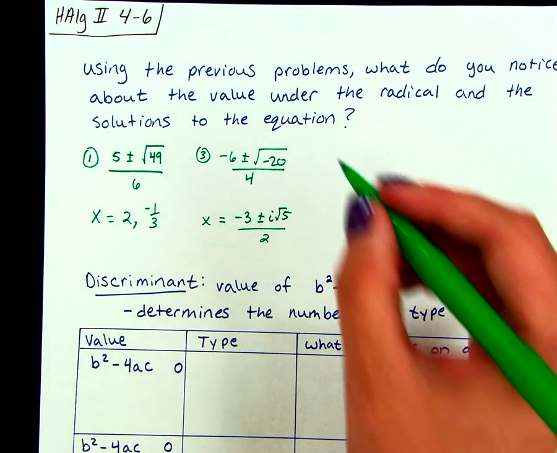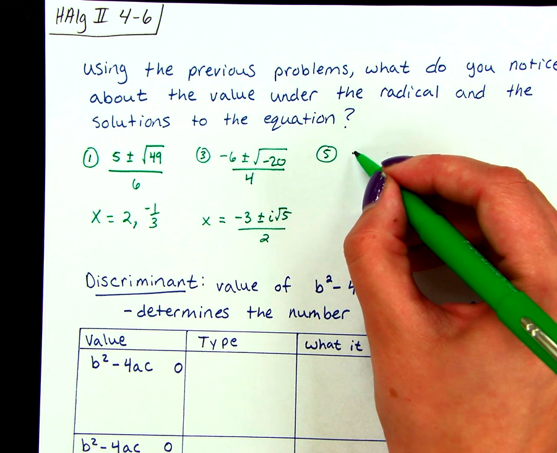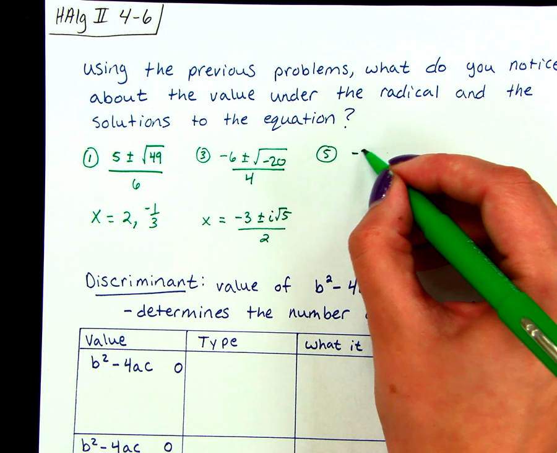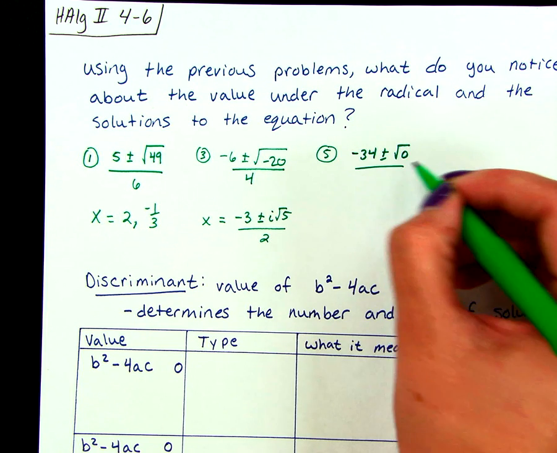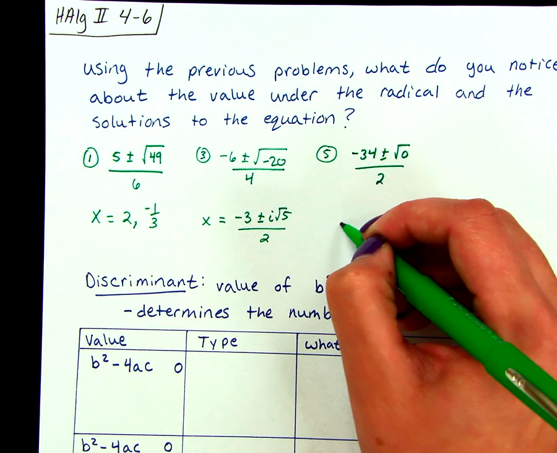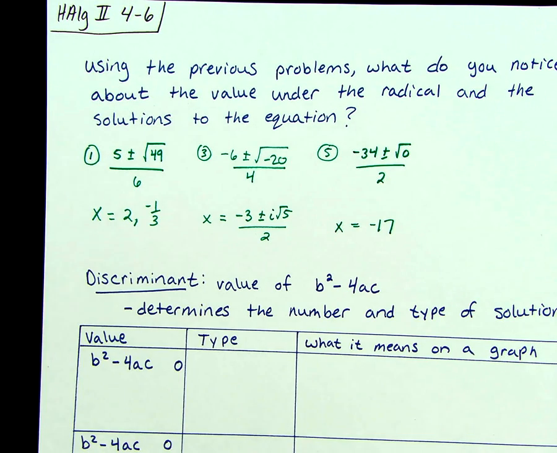And the very fifth problem, again jumping down to the discriminant, negative 34 plus minus the square root of 0 over 2, and we ended up with x equals negative 17 for the answer. Okay, so those were all problems from the previous videos that we practiced solving by quadratic formula.